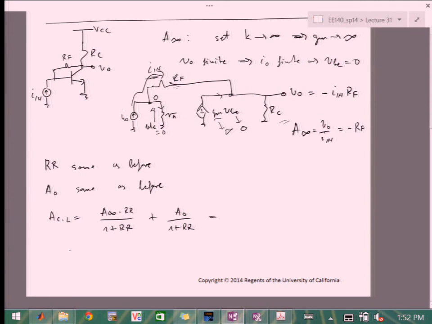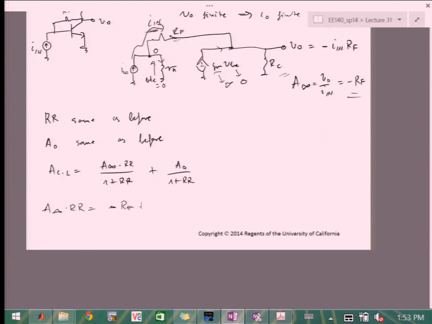OK, so when we plug the expressions into this, just in terms of checking the A infinity times RR, we're going to get minus RF, which is this, times RR, which from previous pages was GM R pi in parallel with RC over RC plus R pi plus RF.